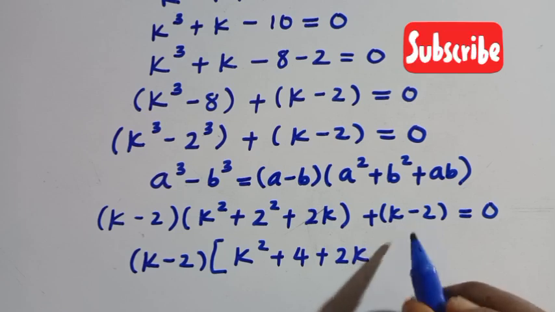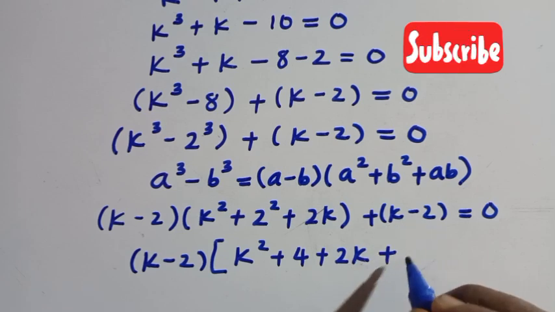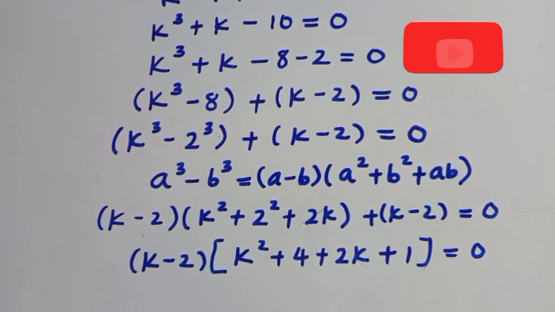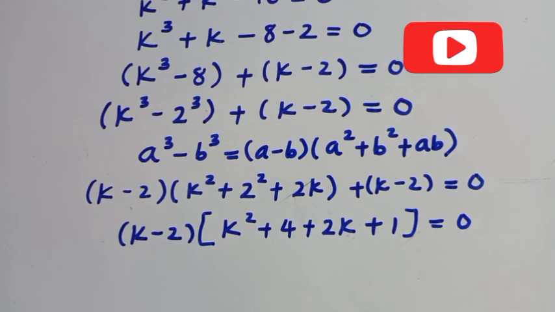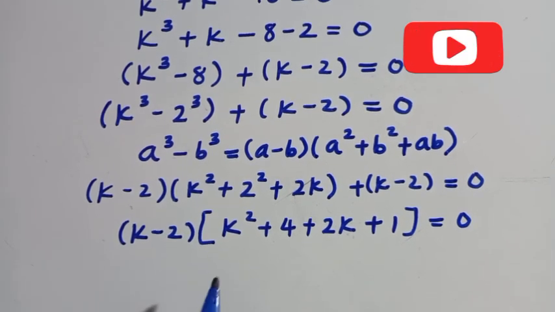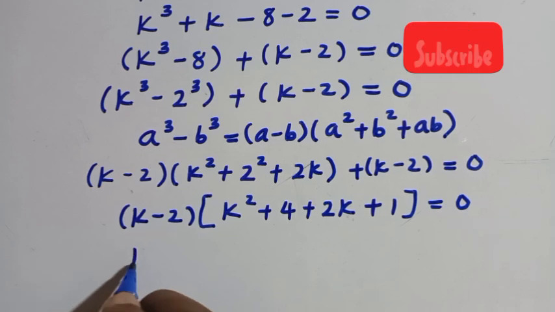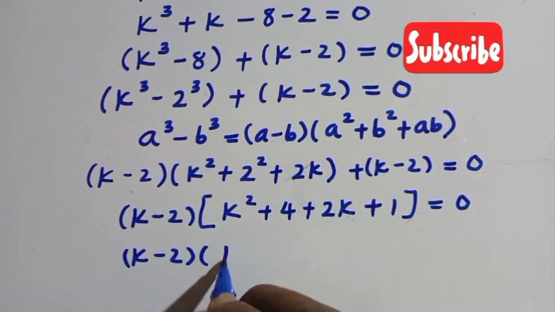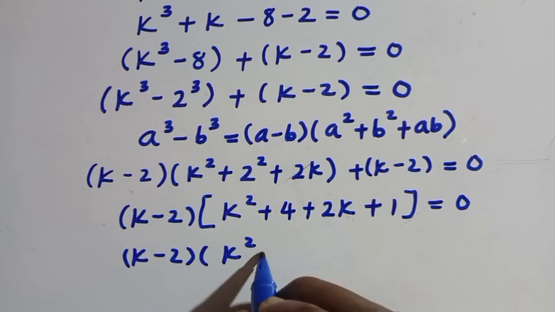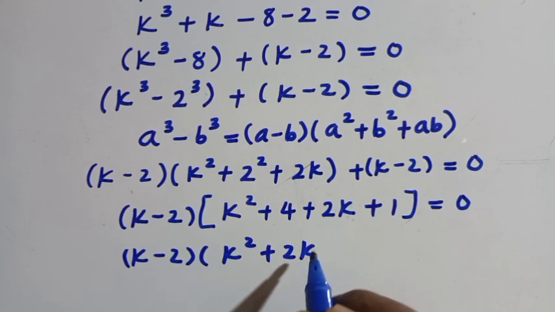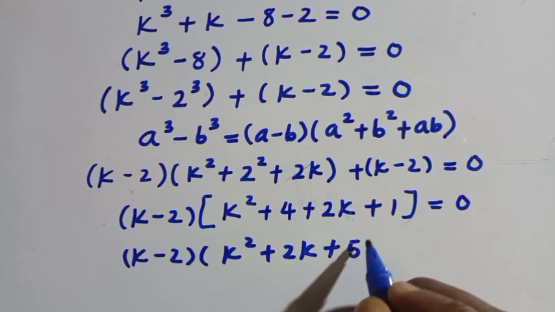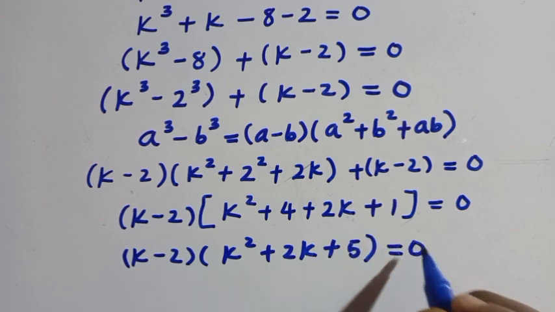And when we divide this one by k minus 2, we have plus 1, everything equals 0. And in the next step, we write this properly as k minus 2 multiplied by k squared plus 2k, and 4 plus 1, that gives us 5, equals 0.